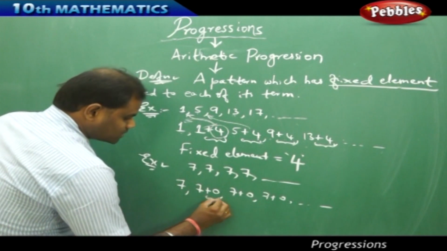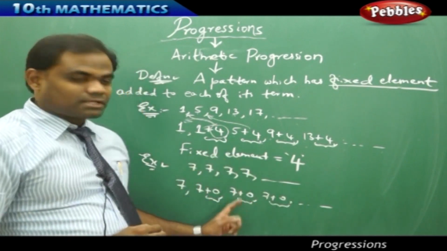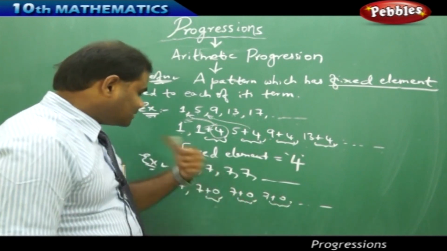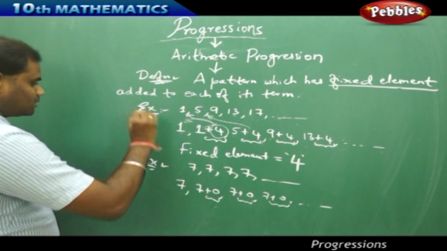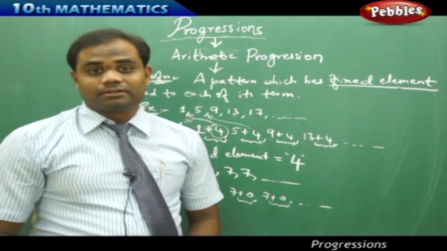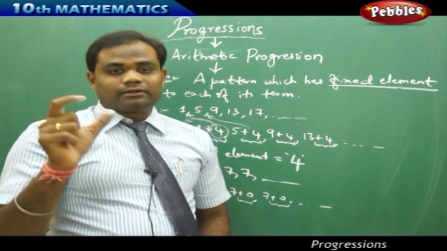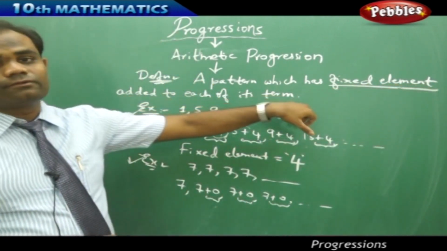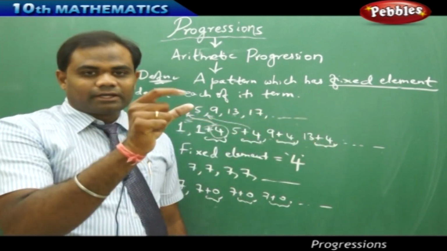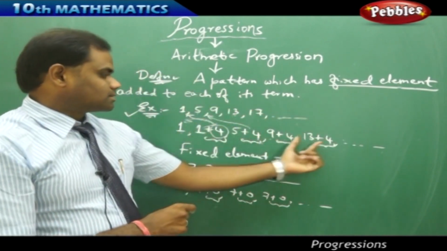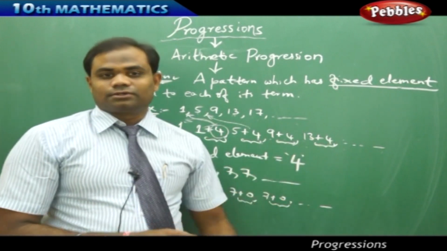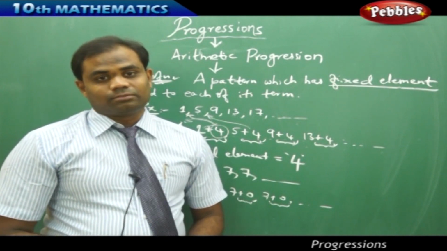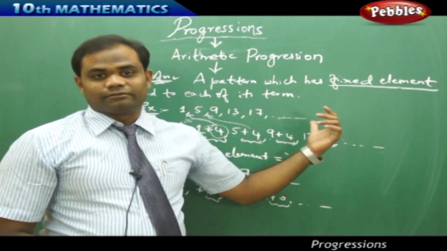Therefore, here the fixed element is 0, which gives me 7 plus 0 as 7. So, because I can add the fixed element 0, I say this is an arithmetic progression, and this is also an arithmetic progression. The only restriction out here is that a fixed element must be added to each of its terms. You need to identify a fixed element added in each of its terms. A fixed element added in each of its terms is how we identify the arithmetic progression in its own definition.